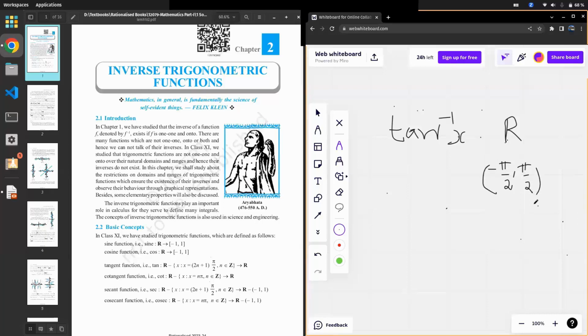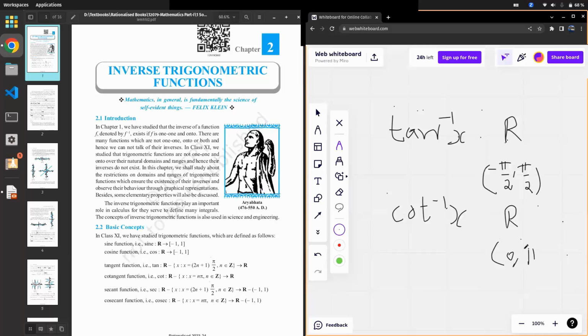The previous ones were all closed brackets, which means including the values on the extreme side, but these are open brackets, so we cannot take the value of -pi/2 or pi/2. And similarly, cot inverse of x also has the domain of R, which implies we can take any real value, and it has the range 0 to pi.